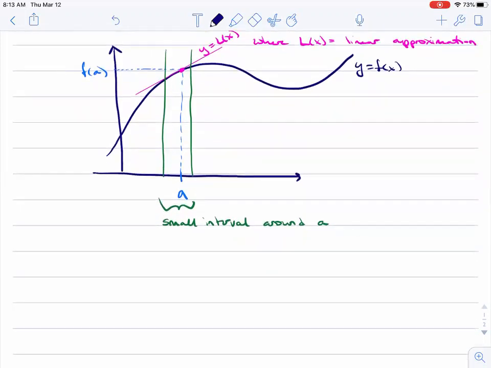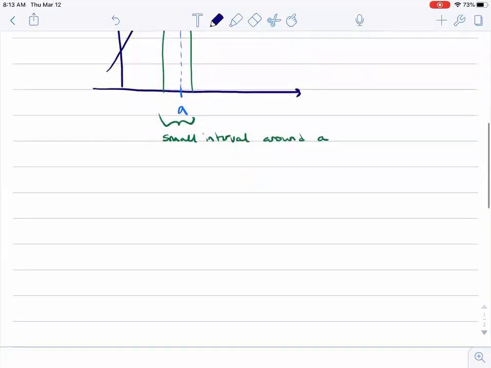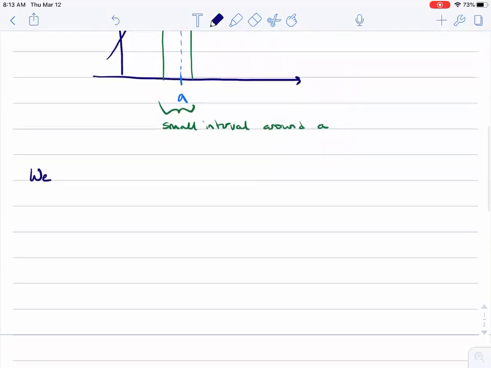So, I'll just start with, we know how to find the equation of a tangent line.